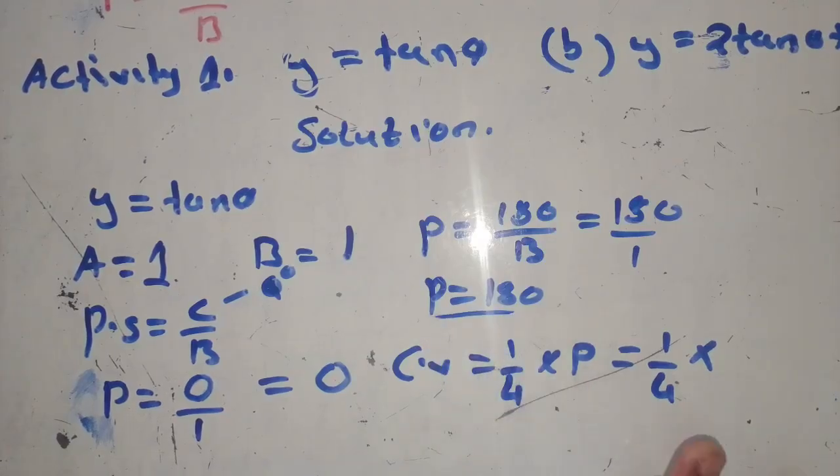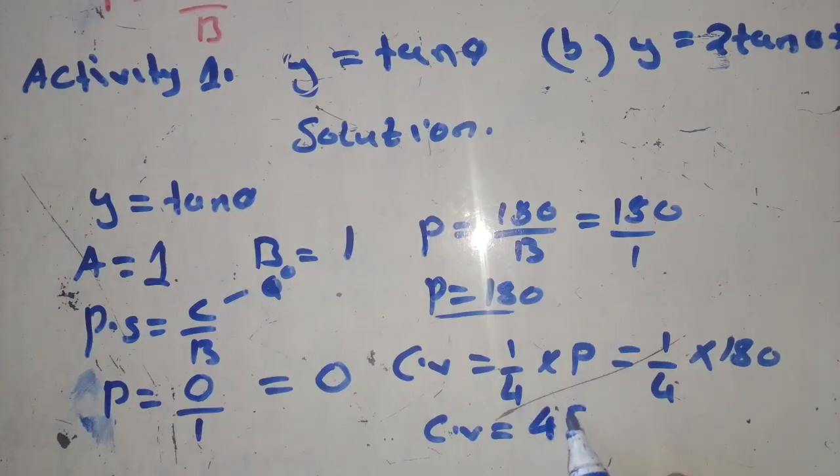So counter value is equal to 1 over 4 multiplied by 180. This just means 180 divided by 4, which will give us 45. So we found the phase shift and the counter value.